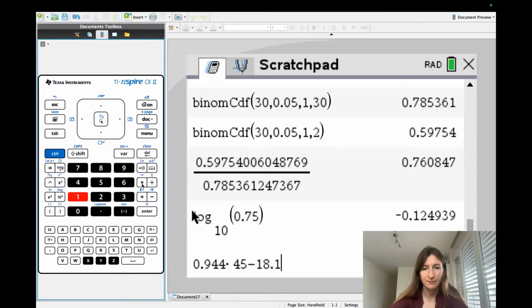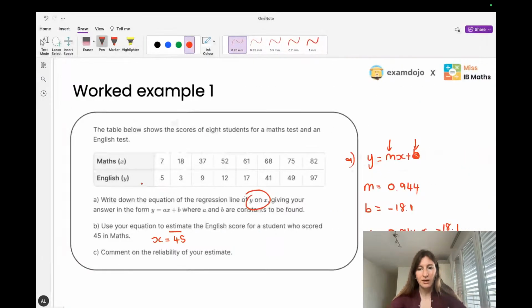Just double check, yeah. 24.38. So rounding that off, 24.4. So we would expect that a student who got 45 marks in a maths exam would get 24.4 in an English exam.